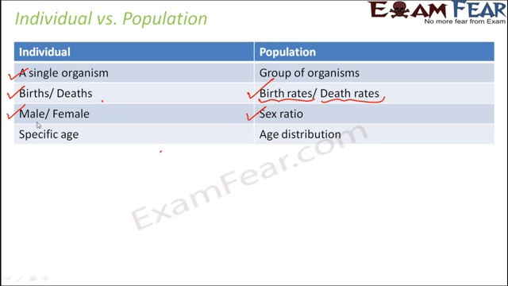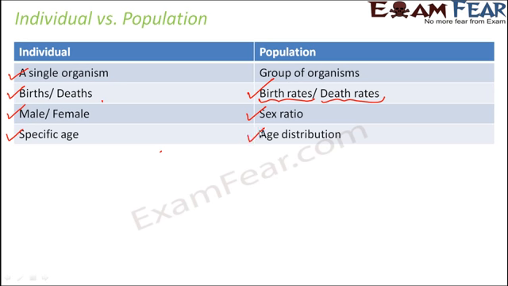In case of an individual, we talk about a specific age. An individual can be 5 years old, 10 years old, or 12 years old. But when it comes to population, there is no age of the entire population. A population can have individuals who are 5 years old, 10 years old, and also 60 years old. So in population, what we talk about is age distribution.